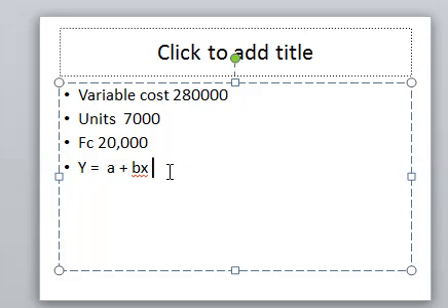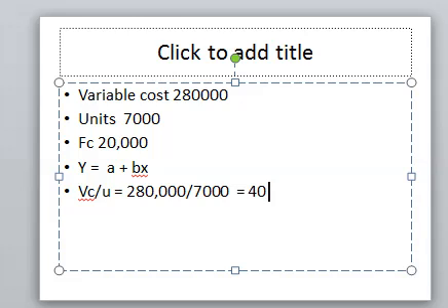So from here you can determine the variable cost per unit. Variable cost per 1 unit is going to be 280 divided by 7,000, and I think you get 40. This will give you 40 as your variable cost per unit.